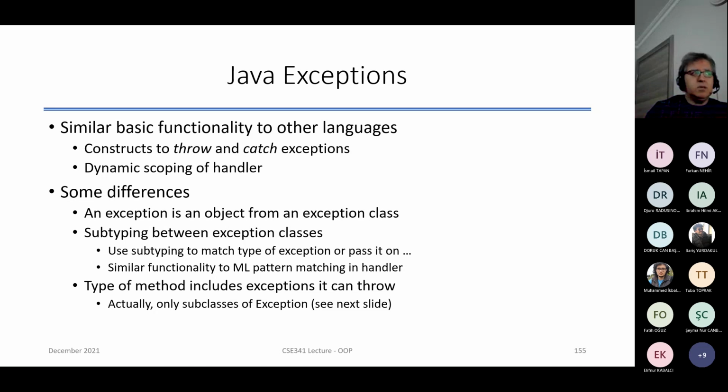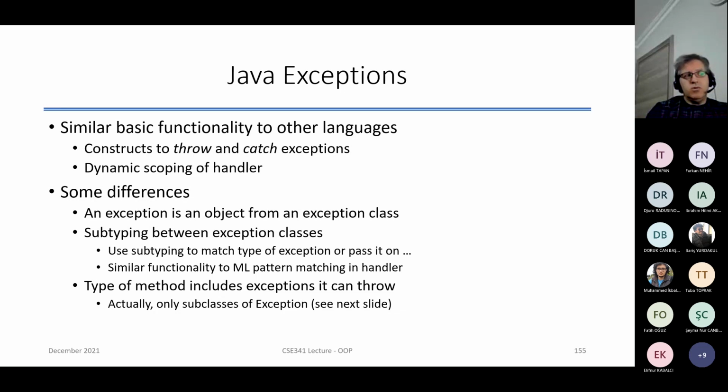Java treats these as objects, and subtyping between exception classes is there. You can use subtyping to match the type of exception or pass it on. This is similar to pattern matching handlers in functional programming in ML. So this is quite involved. This is a nice property.